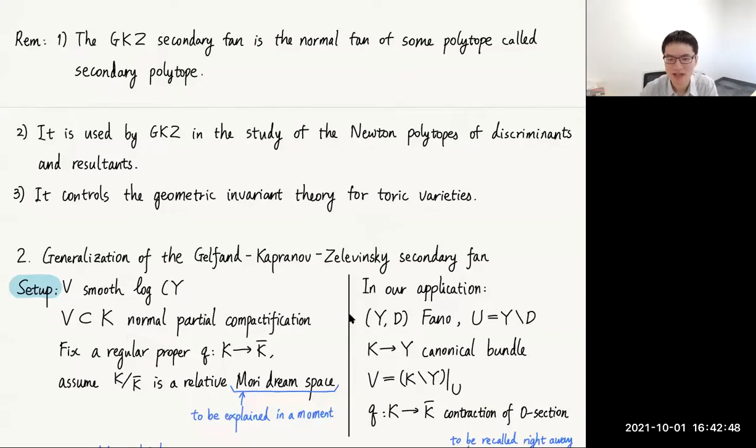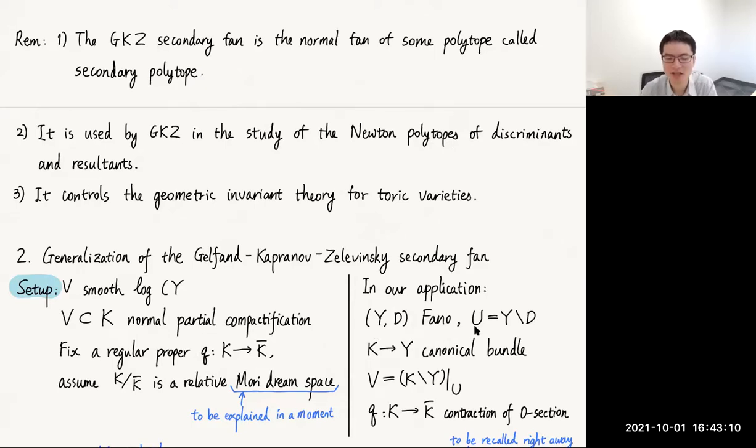In our application, we have Y D Fano. We will apply this to a pair Y, D, where Y is Fano and D is some normal crossing divisor.